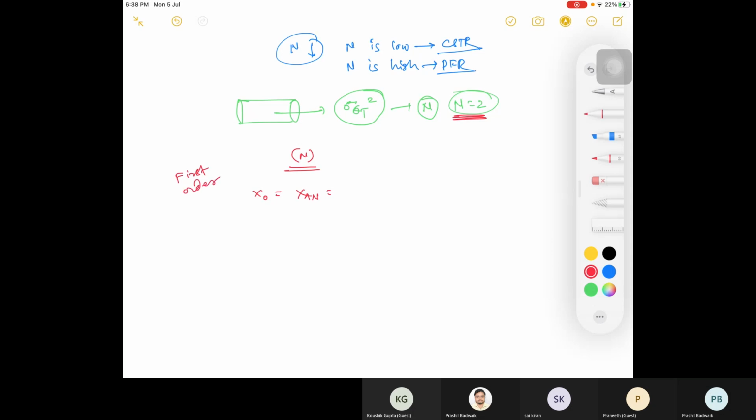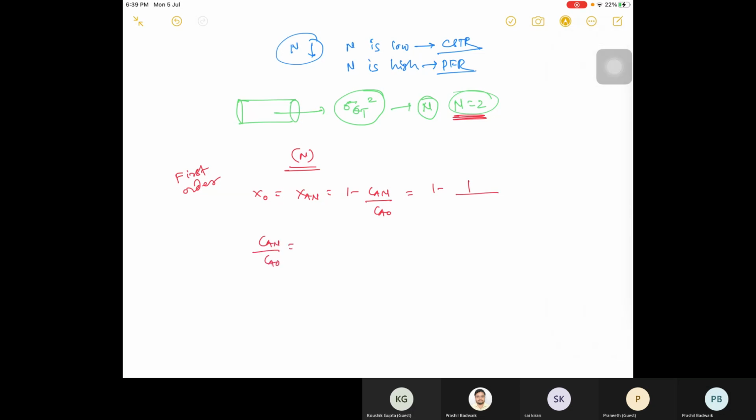We have found X A n is 1 minus C A n divided by C A naught. For a first order reaction carried out in a CSTR, that is 1 upon 1 plus K tau.